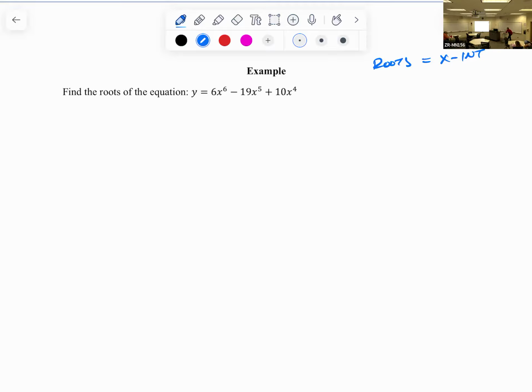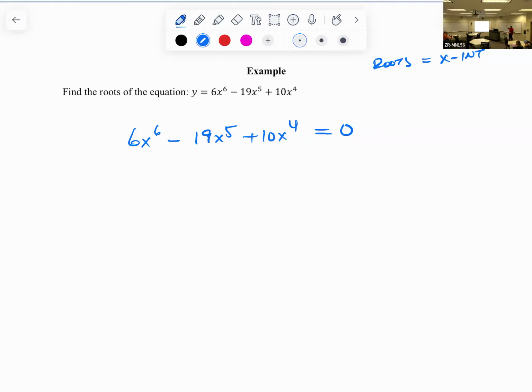When we do x-intercepts, remember how we solved it? That means let y equal 0 and solve it for x. No quick cover-up method here. Basically, we are solving that whole equation equal to 0.